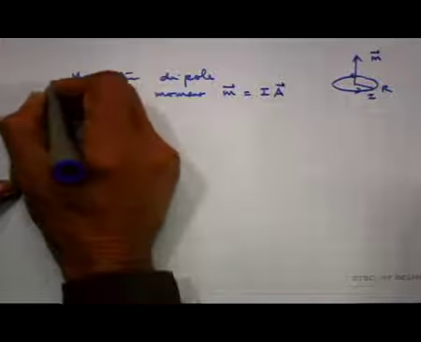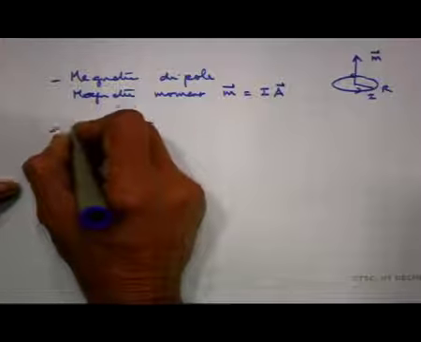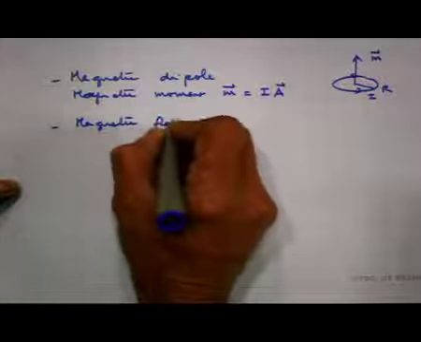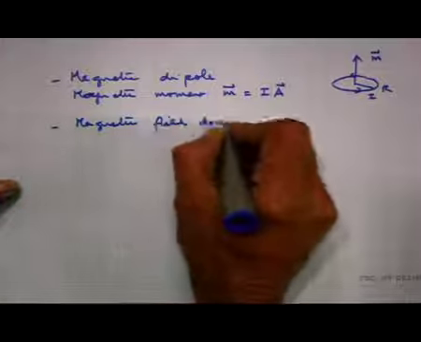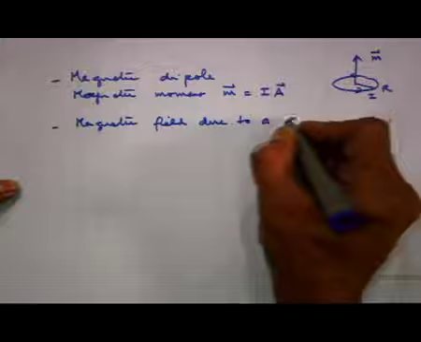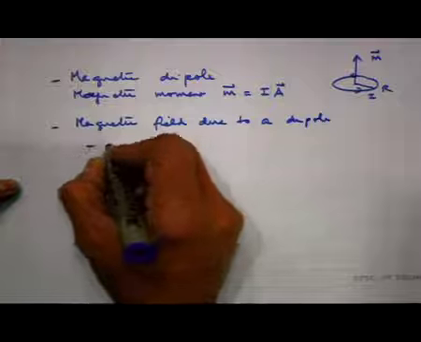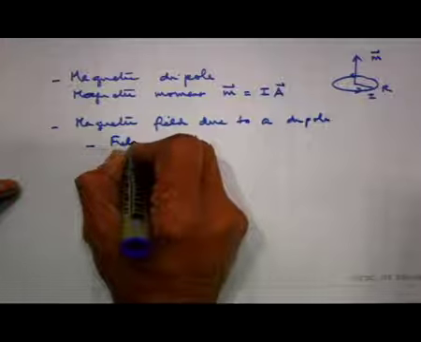We also calculated the magnetic field due to a dipole, and we had done this for the field along the axis.